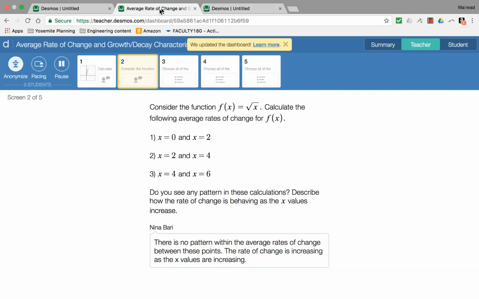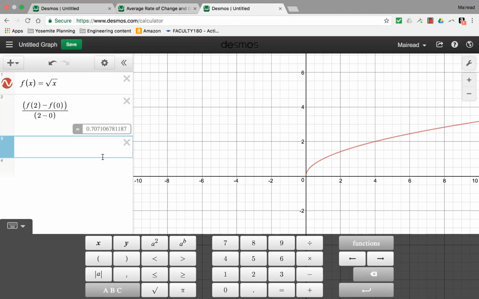And then our next rate of change that we wanted to calculate was between 2 and 4. So we will take f of 4 minus f of 2. You can do it either way, but this is probably the way you would have done it. Over 4 minus 2. And you can see on that one that our rate of change is down to 0.292. And then if you did the next one, you would see it decreases again.